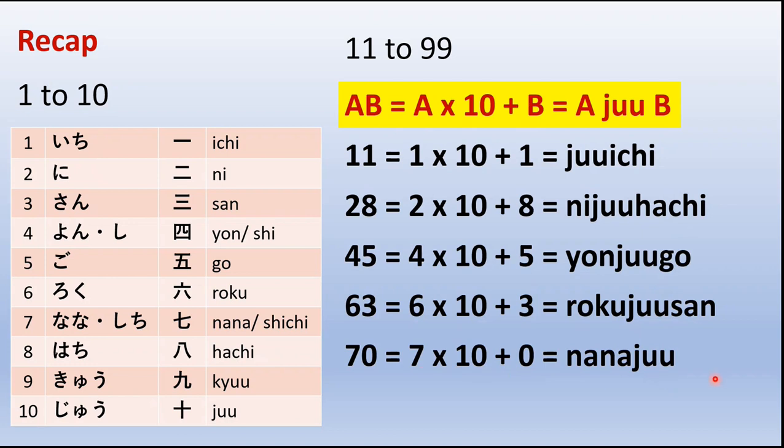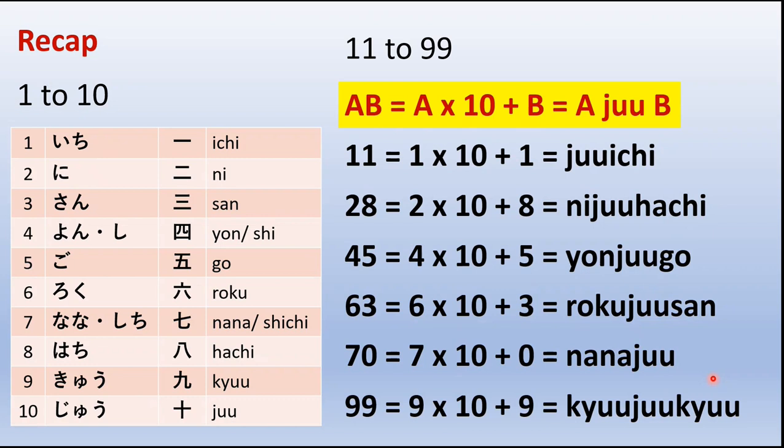So Nana Ju. 99, the largest two-digit number, which is 9 cross 10 plus 9. So this is Kyu Ju Kyu. So this is how we form two-digit numbers in the Japanese numeral system.